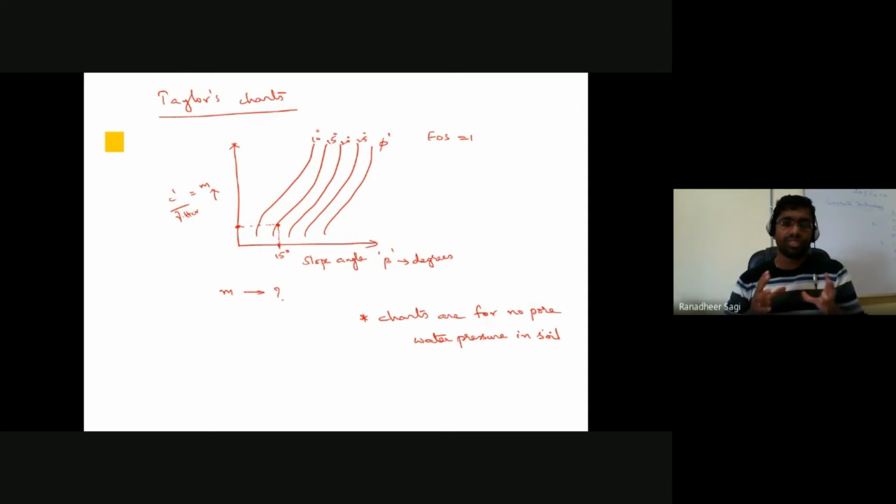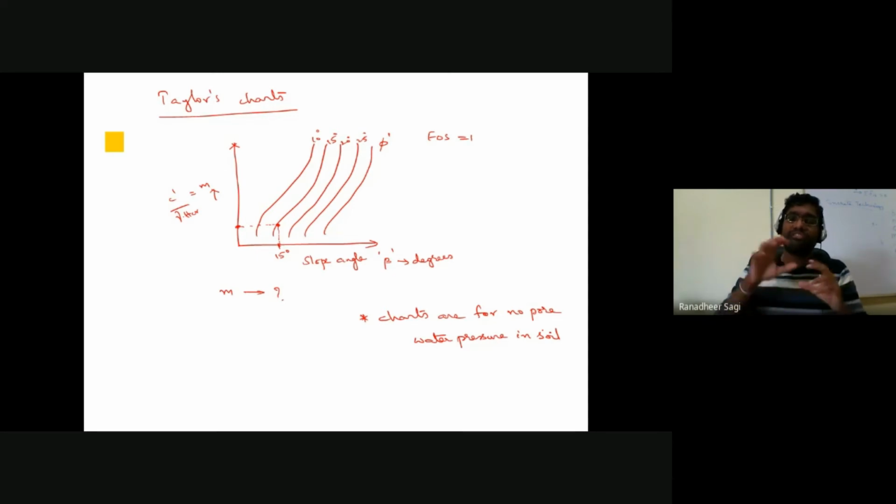These are relatively complicated approaches for manually analyzing the slope, because the expressions are very big, and within the expression itself you will have iterations for factor of safety, iterations for soil parameters, and so on.